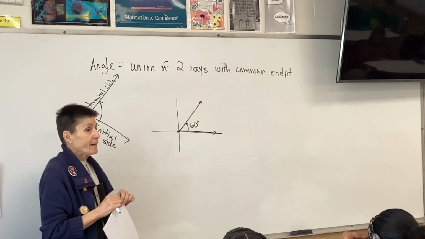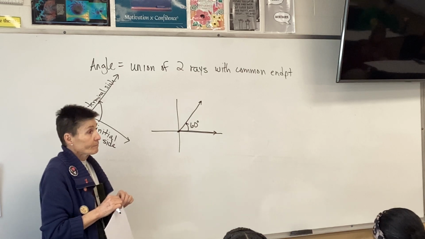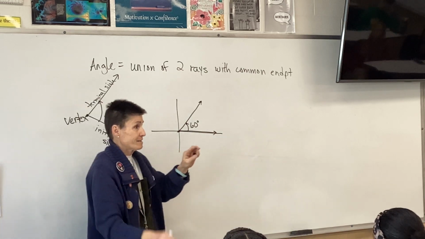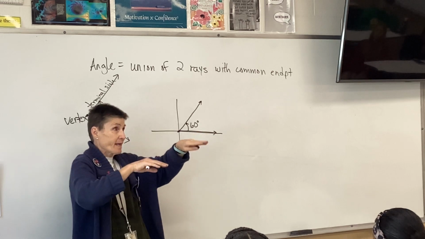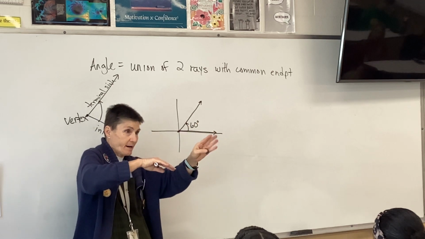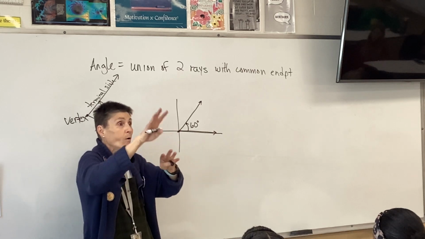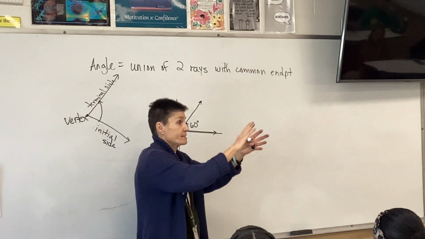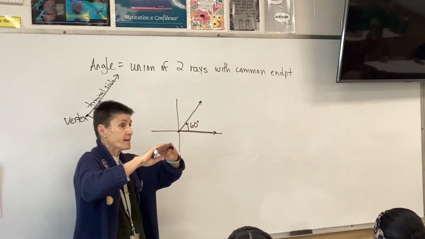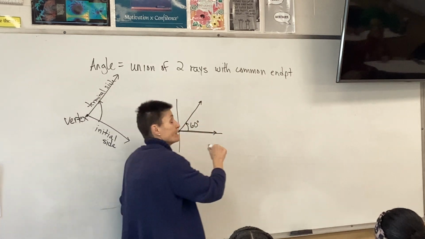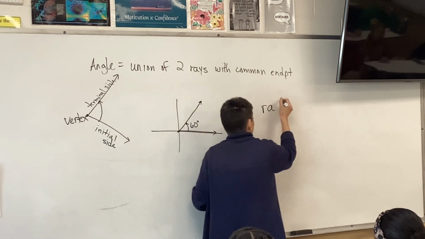There are other ways to measure angles. This class, pre-calculus, is like the end of the degree time and the beginning of the radian time. From now on, in your calculus and any other math classes you take, your angles will be measured in radians.